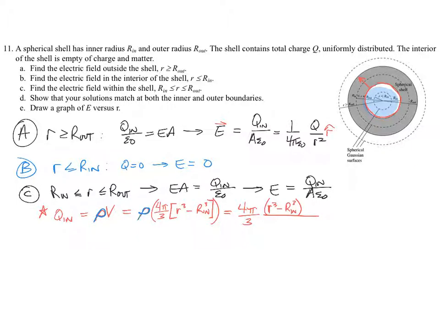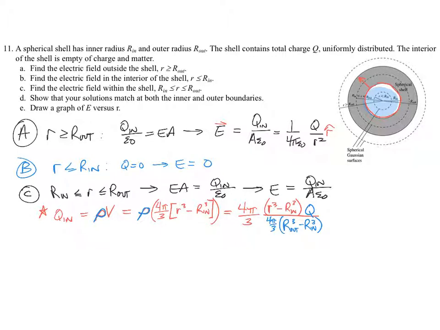So the volume charge density part, well, it's going to be the total charge there per what? Per a spherical volume again, which is going to be 4 pi over 3. But what's it going to be? It's going to be the large radius, the outer one cubed, minus the inner one cubed. That's going to be our, in blue there, our volume charge density for the material part of this physical situation.